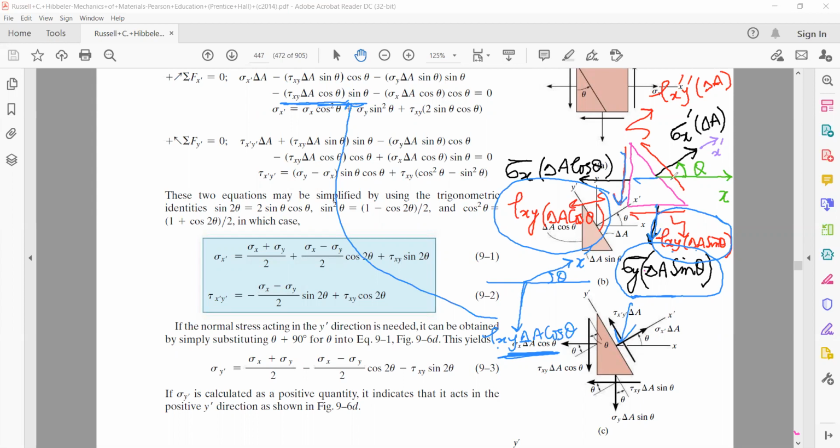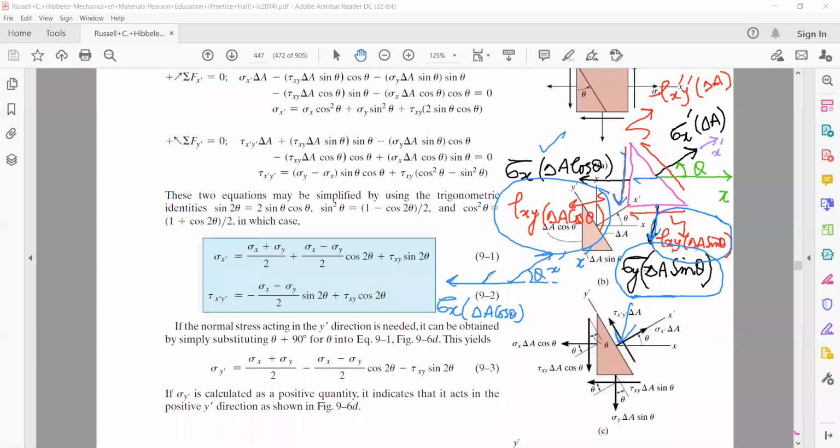The last term is sigma x delta A cos theta. Where is our sigma x delta A cos theta? It is here. This force is acting along this direction. So this is your sigma x delta A cos theta, and our x prime is in this direction, such that the angle between them is theta.